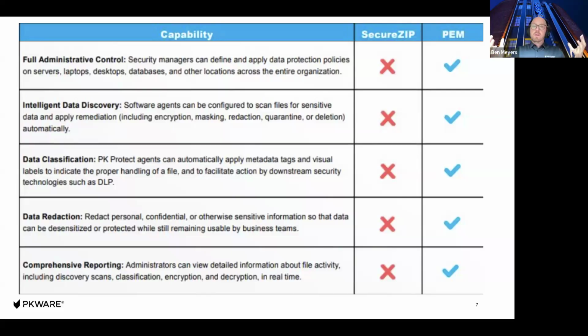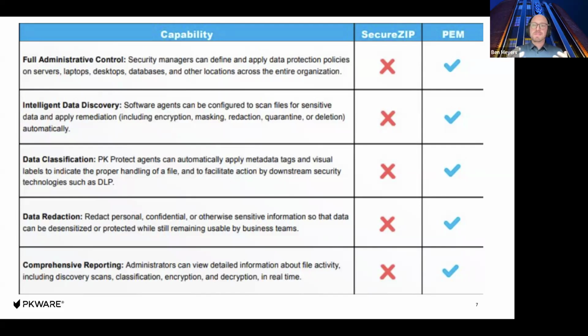And then the last thing I'll say is comprehensive reporting, right? When we talk about PK Protect, one of the huge advantages, just from an encryption standpoint, of moving from SecureZIP to PK Protect is you get auditability about everything that's happening with encryption. And the same is true for discovery or any of these other remediations.